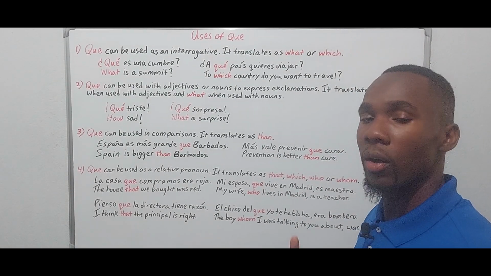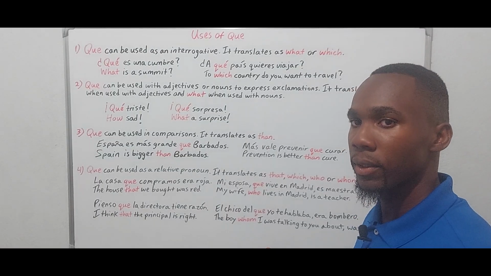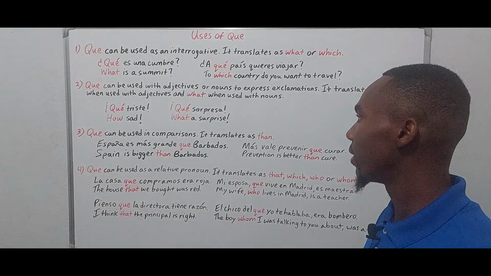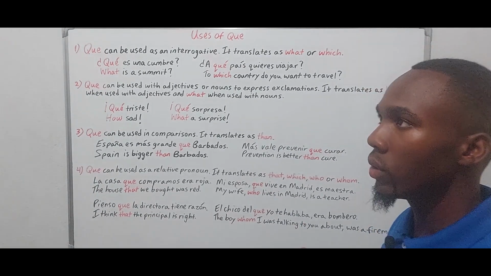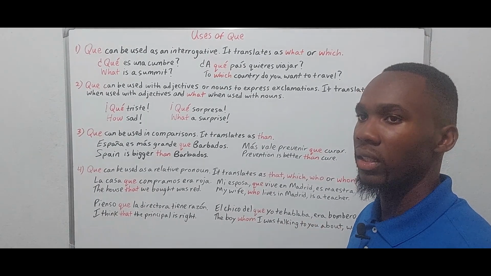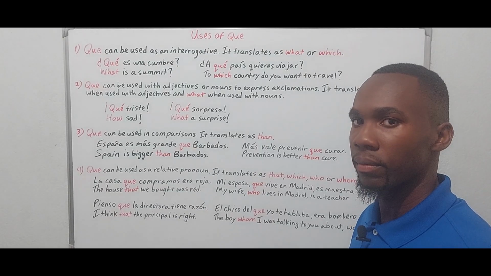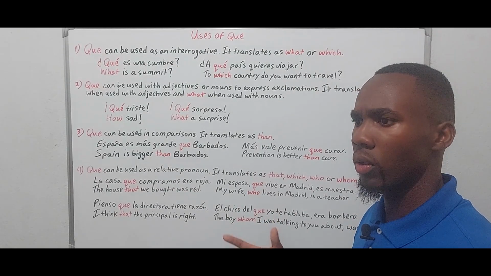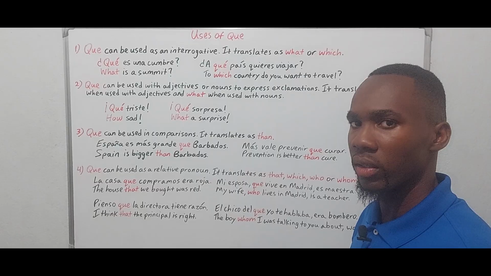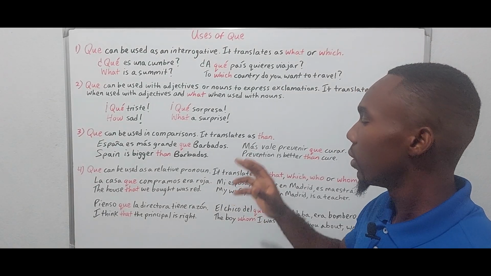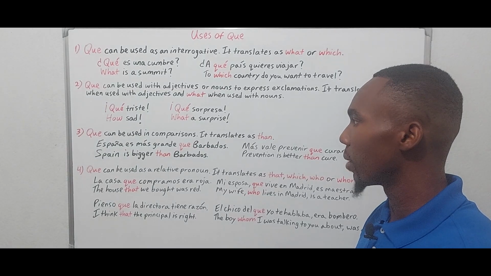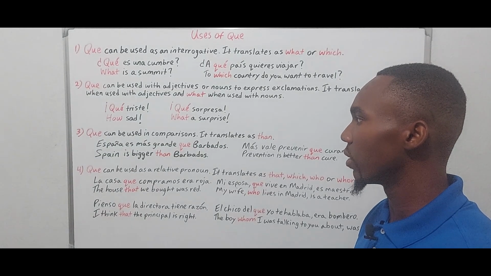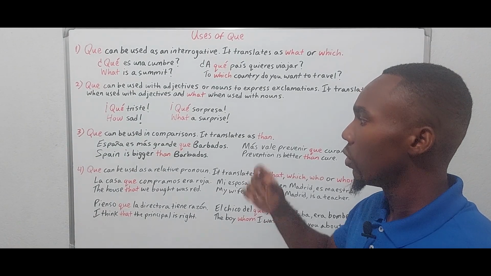Que can be used in comparisons. It translates as than. So this is where we have two entities that we are comparing on some characteristic or quality. España es más grande que Barbados. Spain is bigger than Barbados.